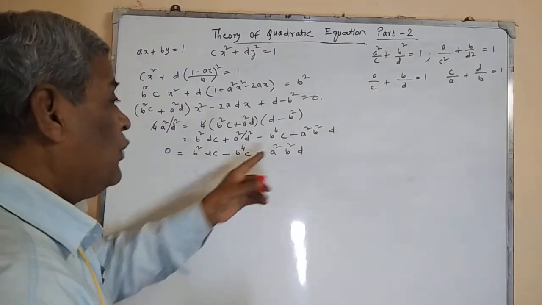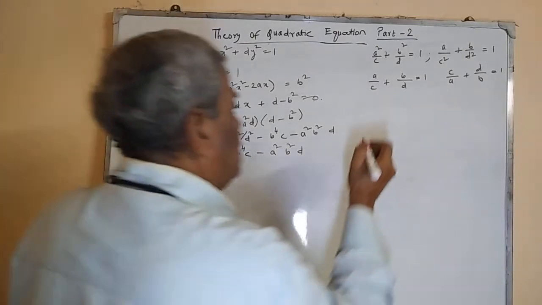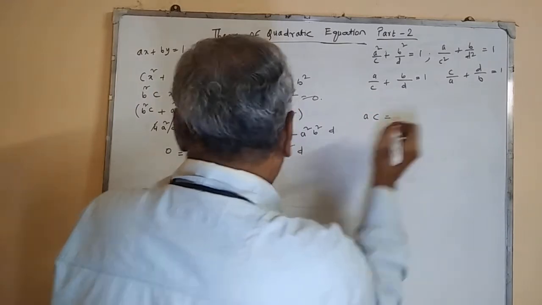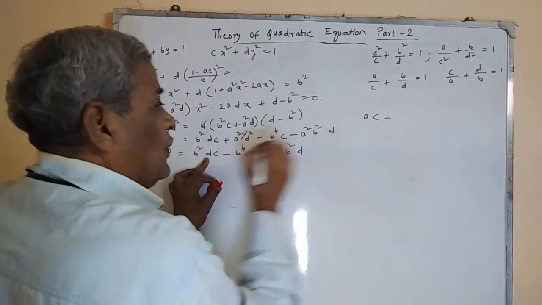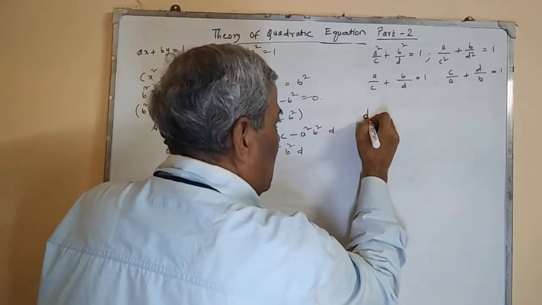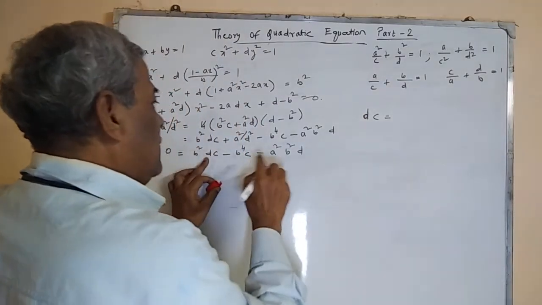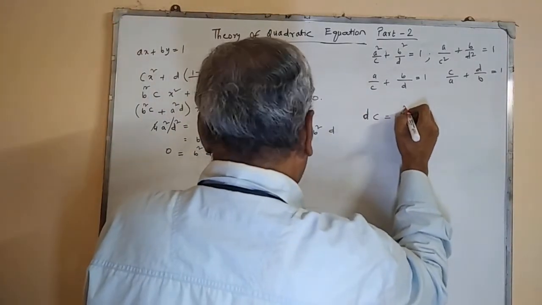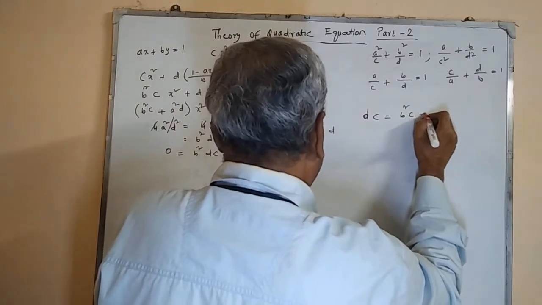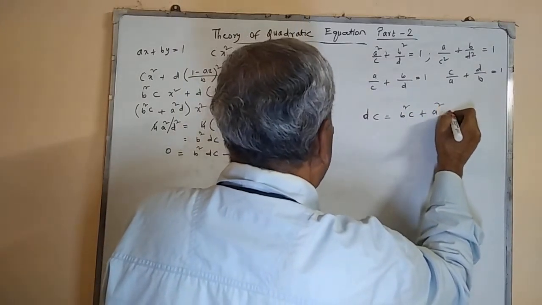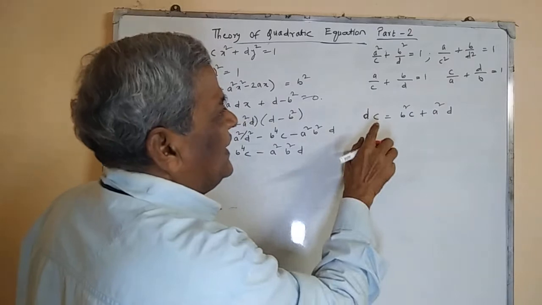From there, b square can be cancelled, and we get, sorry, this is dc. dc is equal to b square c plus a square d.